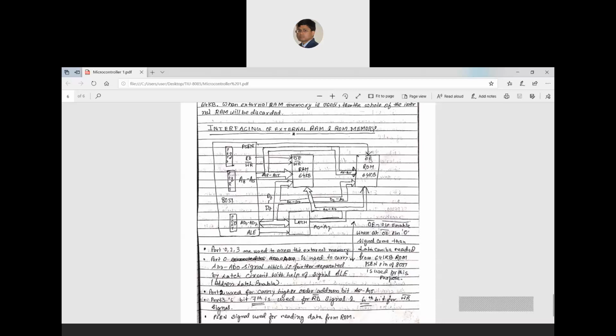In the ROM, we don't have anything to write, as it is already written there. Only reading is used. For the reading purpose, I have to use OE, which means output enable.